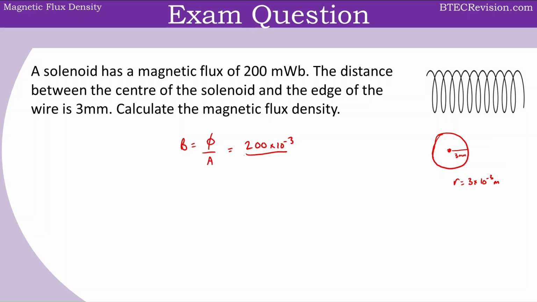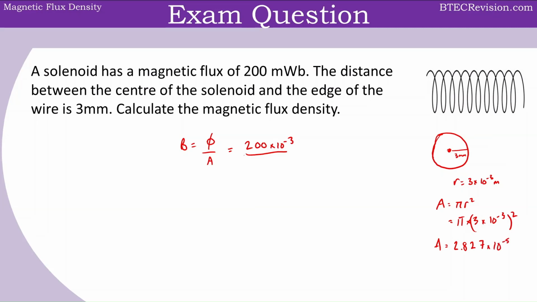And we can work out the area. Area equals pi r squared. Therefore, we can times pi with 3 times 10 to the power of minus 3, and that needs to be squared. And this gives us a value of 2.827 times 10 to the power of minus 5.